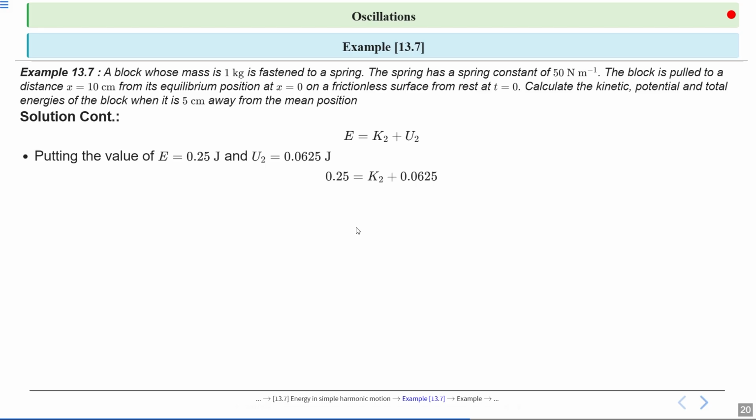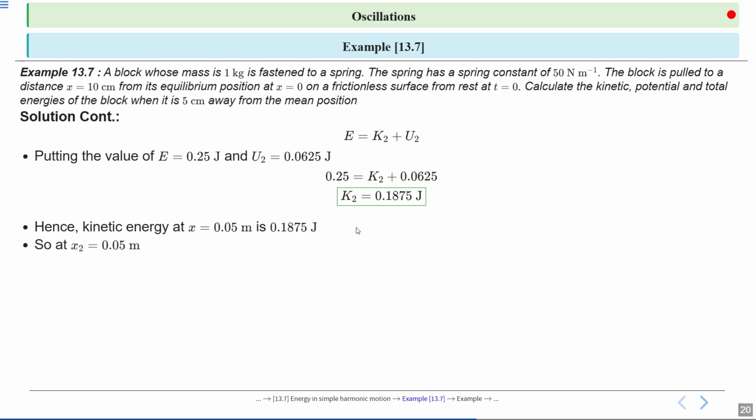So when we solve this, we get K2 is equal to 0.1875 joule. Hence the kinetic energy at x equal to 0.05 meter is 0.1875 joule. This shows that as the block moves closer to the mean position, its speed increases, and so does its kinetic energy, while potential energy decreases.